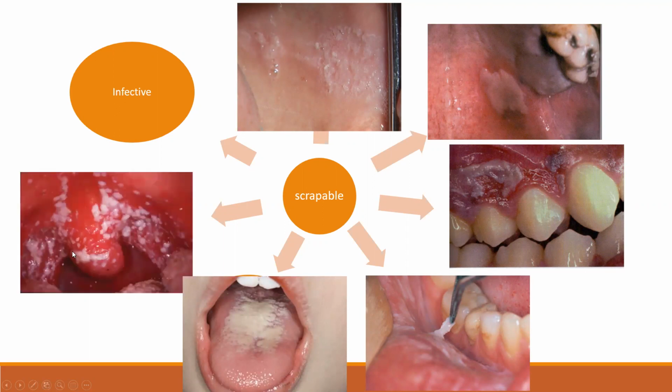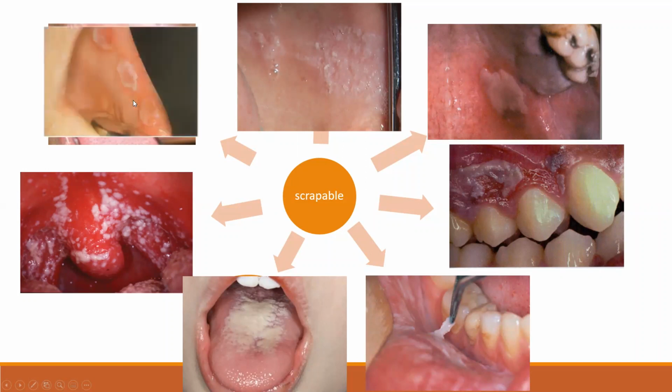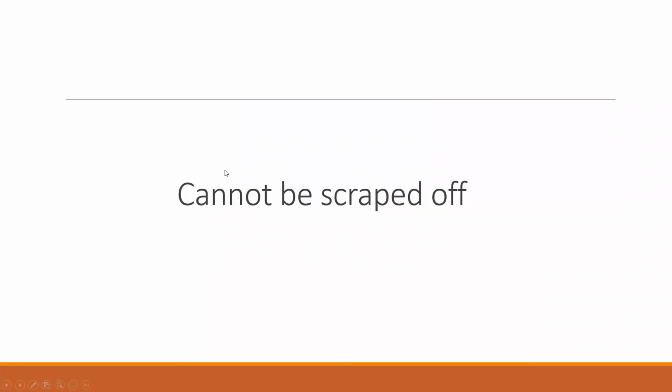Classic presentation of pseudomembranous candidiasis, where these cheese-like structures can be scraped off. Next example is diphtheria. It forms as an exudate on one tonsil or both the tonsils, which can become one with the epithelium, and this can be scraped off. Next example was syphilis, called mucous patches. After a few days, this sloughs away, and this can be removed from the underlying mucosa.